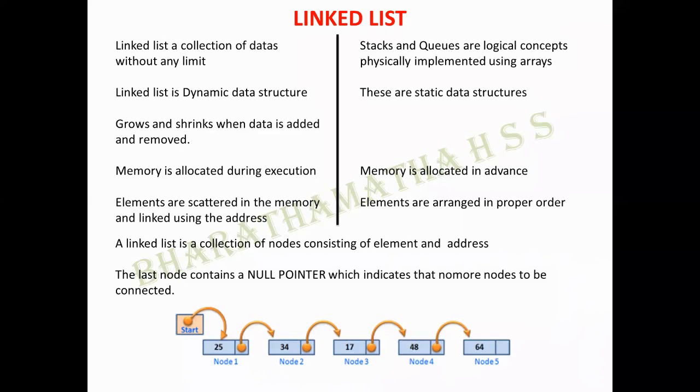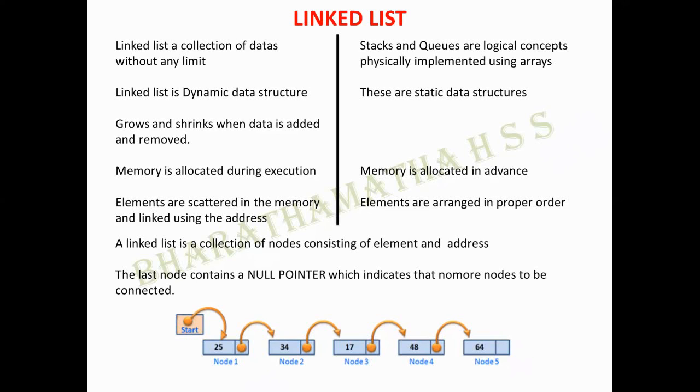In a linked list, elements are scattered in memory and are linked using addresses. In the diagrammatic representation of stacks and queues, we have seen that the elements are placed one after the other. But in a linked list, it is not like that. It is scattered here and there in the memory. It can be anywhere, but you are going to connect it.